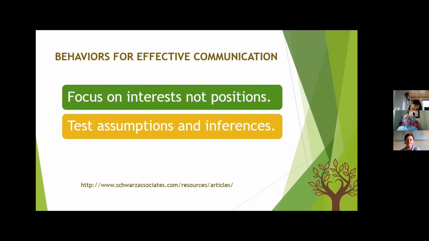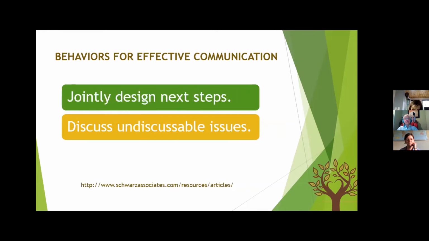So it had nothing to do with her being angry at me, even though I had created that in my mind perhaps as an inference or an assumption, and everything to do with the fact that somebody needed to turn that air conditioning down. So that's how you would test those assumptions and inferences.